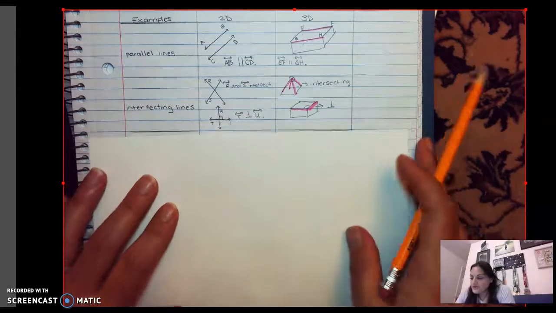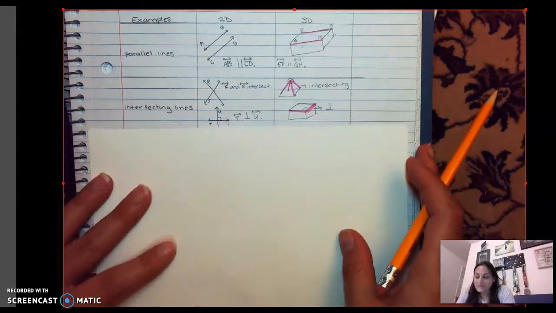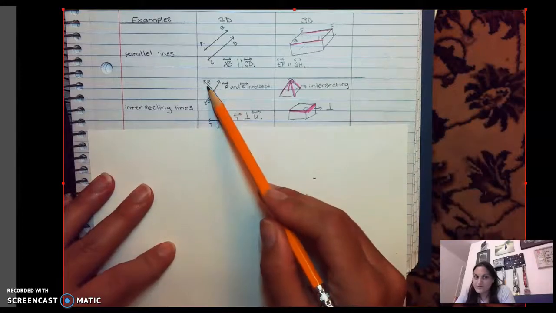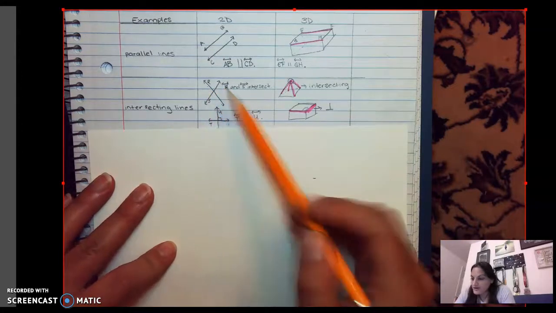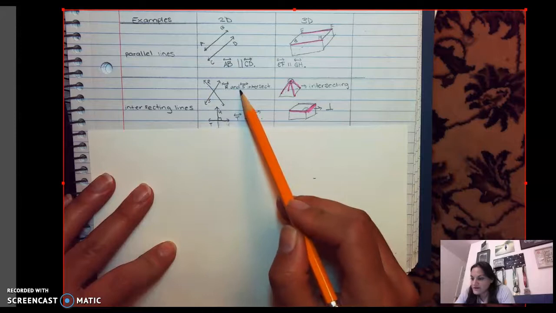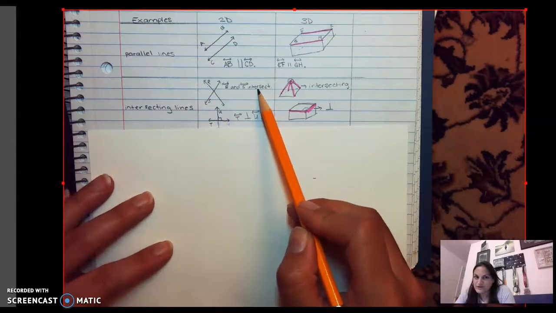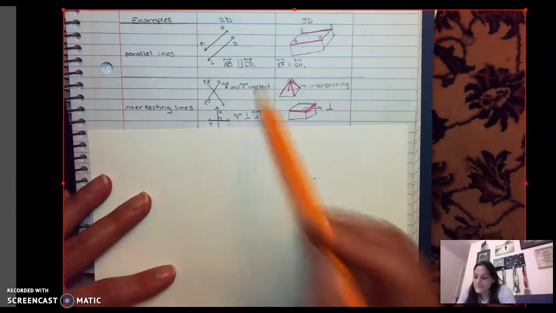So intersecting lines in a 2D space. This line here and this line here, I called this line R and that line S. They intersect. There's no symbol for intersect, so I just wrote it out.